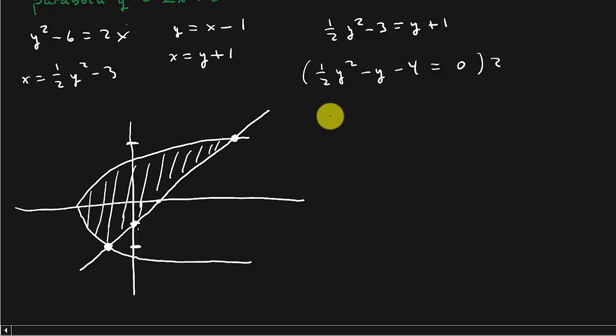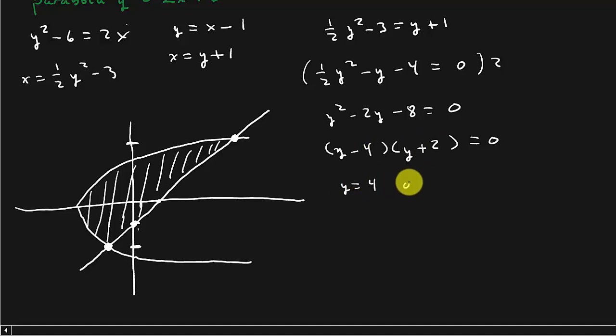Multiply everything by 2, so y squared minus 2y minus 8 equals 0. And then this factors as y minus 4 times y plus 2, so y equals 4, or y equals -2. And so this is going to be -2, and this is 4.